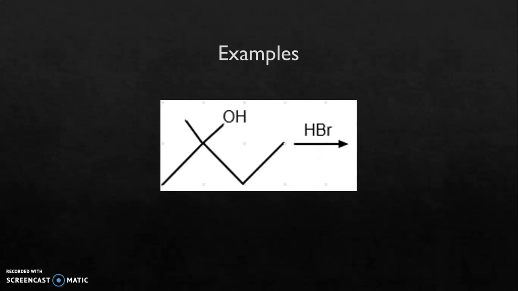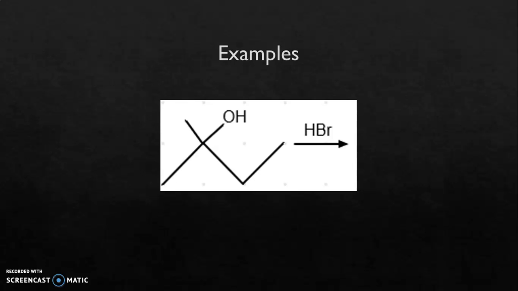Let's do one more, because SN2 is not the only way that these reactions can happen. Here we have our molecule with the alcohol group, and we're using HBr again, but it can be HBr, HCl, or HI.